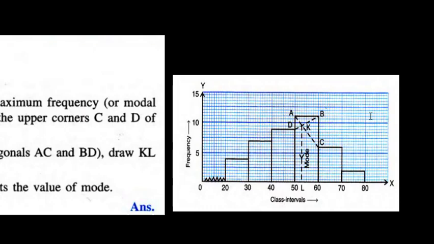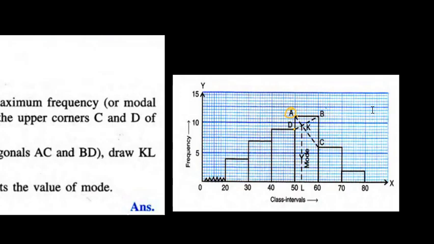From the left top corner, I am drawing a line joining the top corner of the next frequency, and from B I am connecting it to point D, where D is the frequency of class 40-50. So 50-60 is the class of maximum frequency. From the top of this class, you draw two lines. One joins the frequency of the 40-50 column and one joins the frequency of the 60-70 column.